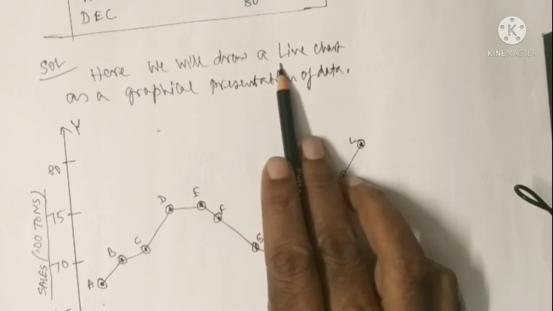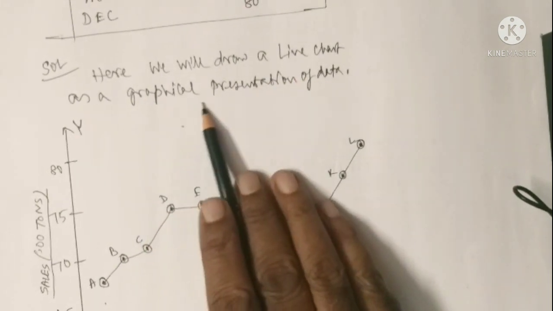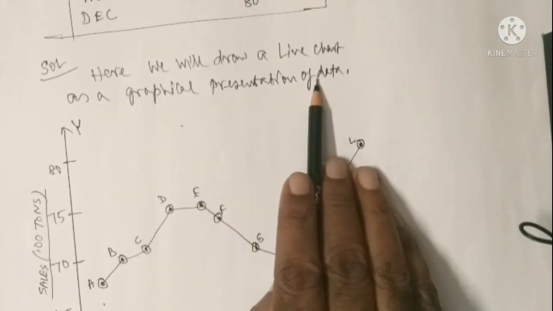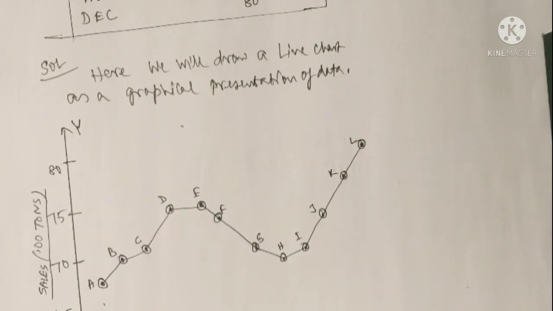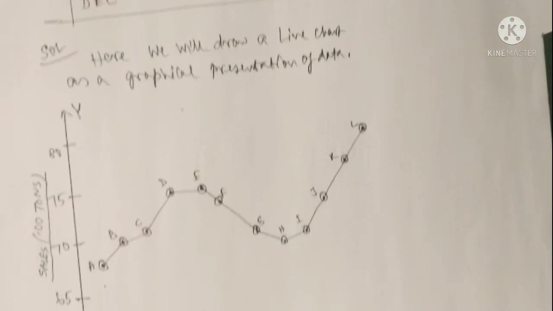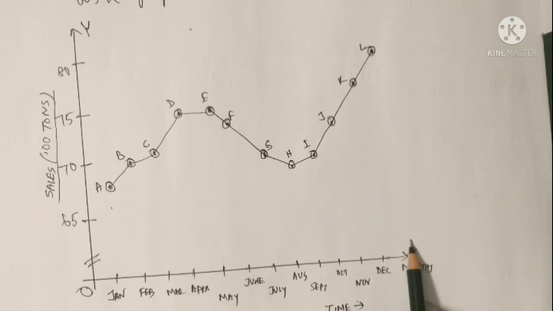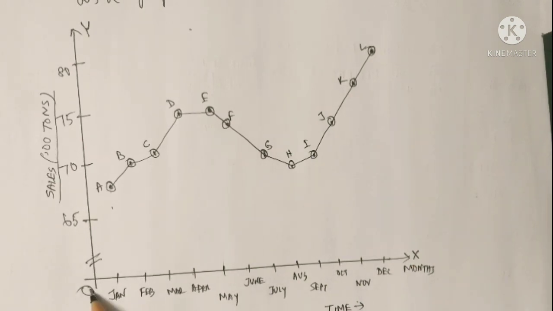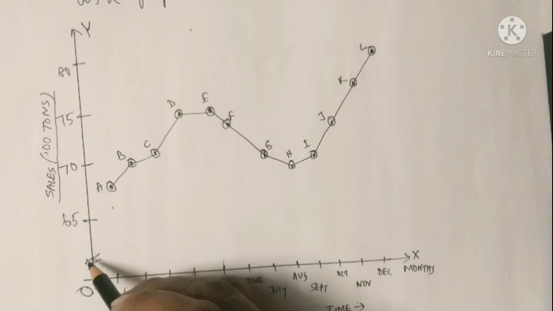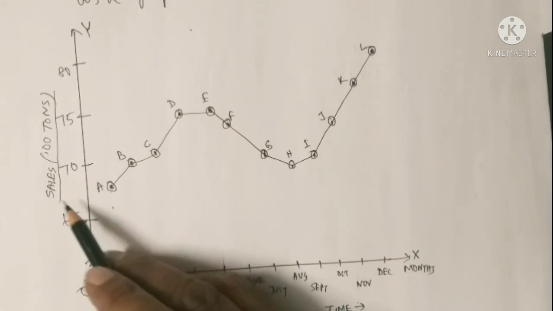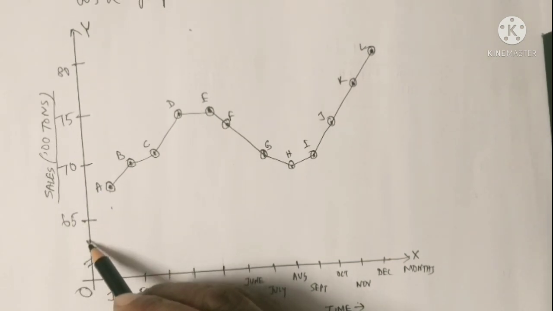Here we will draw a line chart or a graphical presentation of data, and this is x-axis, y-axis. January, February, March, April, May, June, July, August, September, October, November, December. All the months have been measured on the x-axis. This is the origin O, and along the y-axis all the sales numbers are denoted.